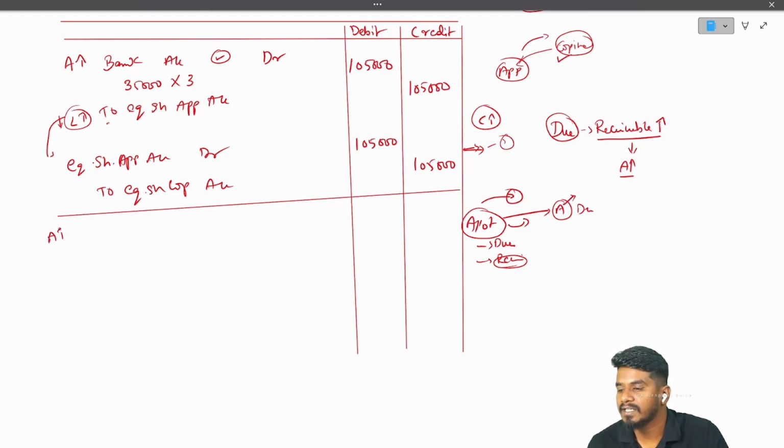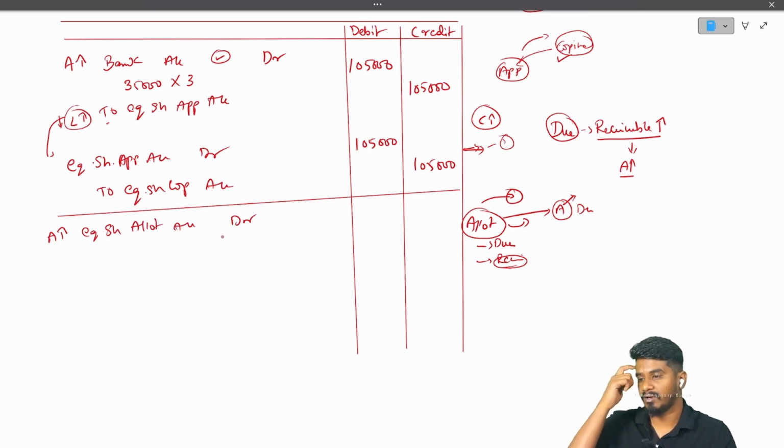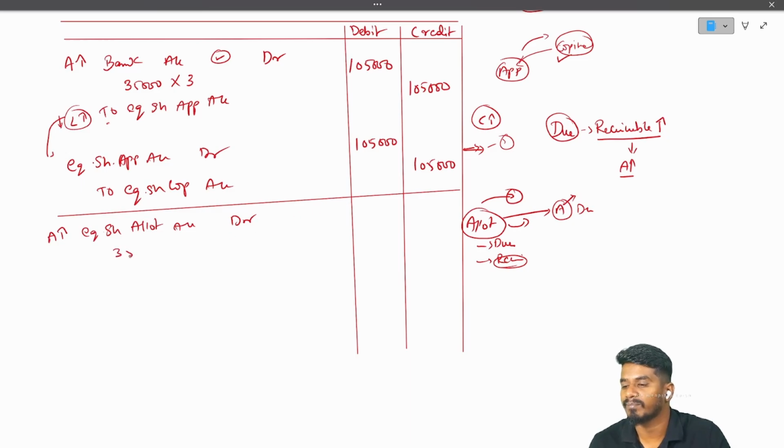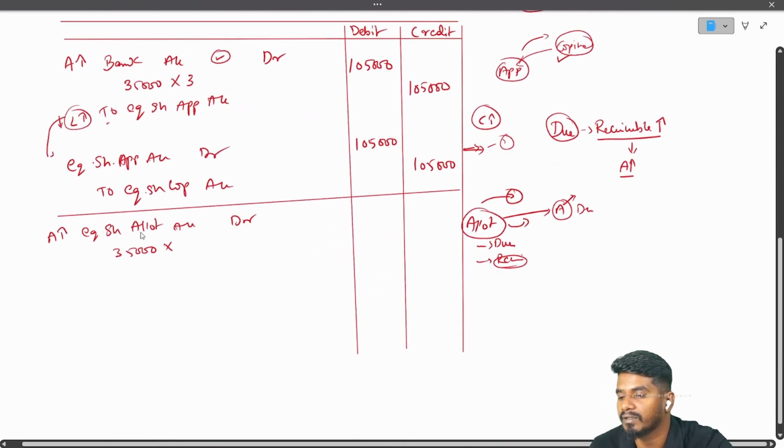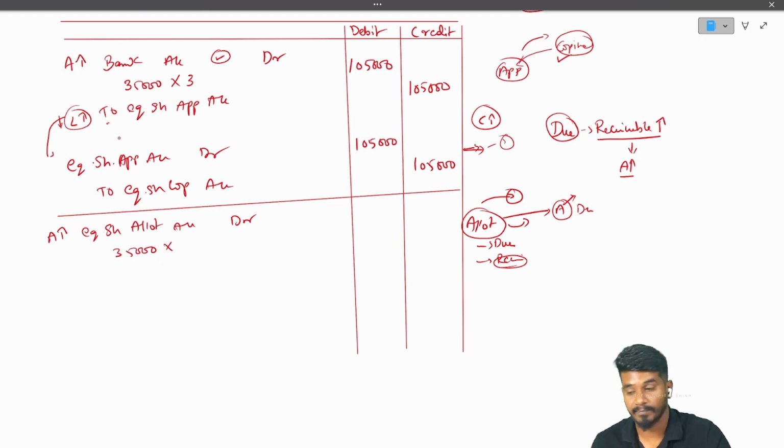So asset increasing, equity share allotment account debit. Why are we making allotment on the debit side? Because asset is increasing, receivable is increasing. For how much? 35,000 into the amount for allotment. We need to receive 3 rupees on allotment. Right. So it is 1 lakh 5,000.